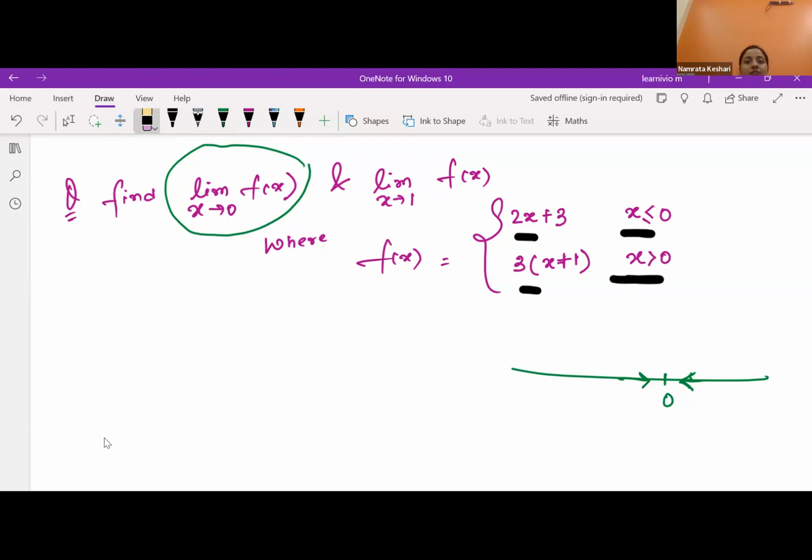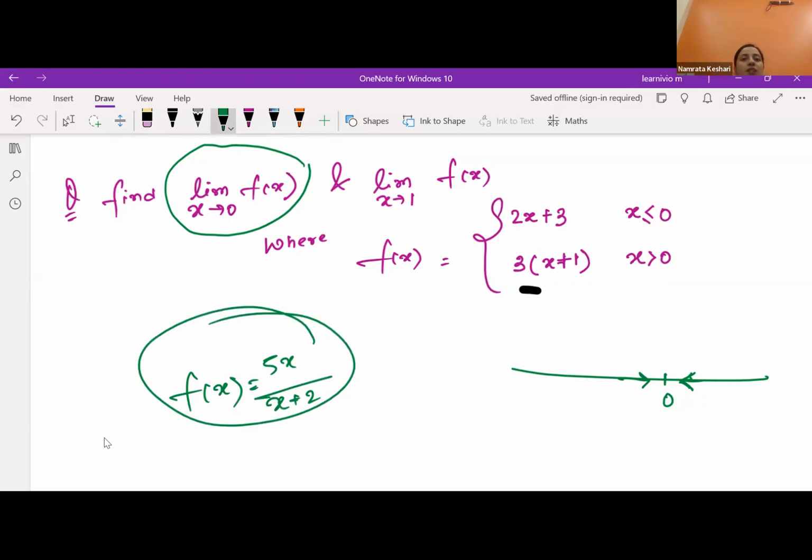Yes. Previously we used to have just one function, that is f of x is equal to 2x, or maybe f of x is equal to 3x, or maybe f of x is equal to 5x by x plus 2. Just this type of function used to be there, and find the limit when x is approaching 2, or maybe find the limit when x is approaching 5. So directly we used to put the value, right? Yes.